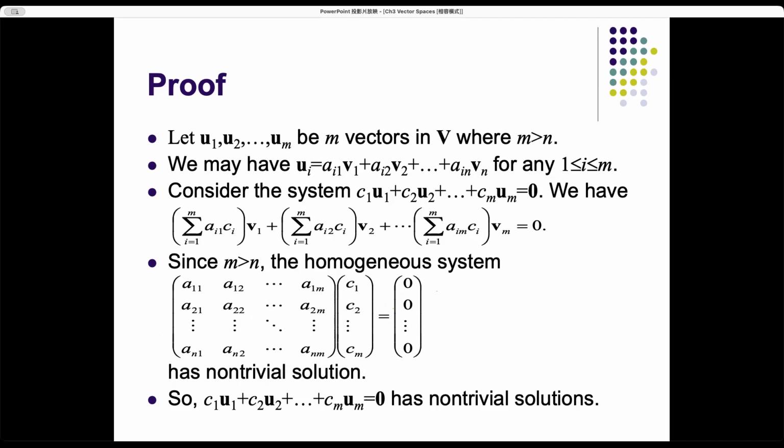I believe by now you have played enough Gaussian elimination to know that if the matrix has more columns than rows, then obviously you will have a non-trivial solution here, because this is a homogeneous system.